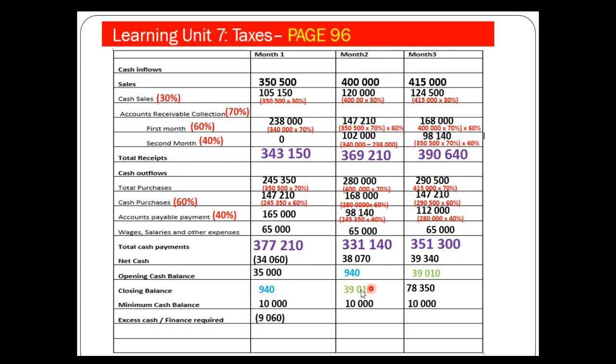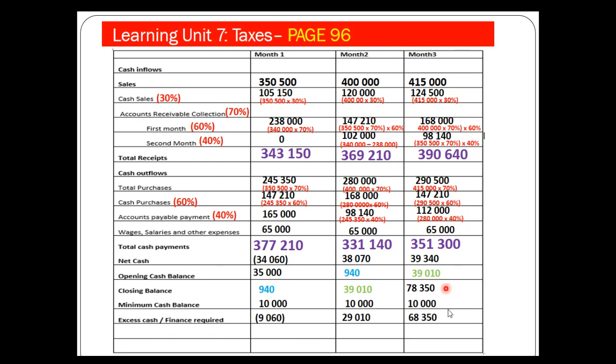But in this case, they're all positive. It means excess cash, we had a surplus in a way. Here again we had a surplus. So that's why we have a negative here. You can just say 940 minus 10,000, and you get the negative at the end of the day.